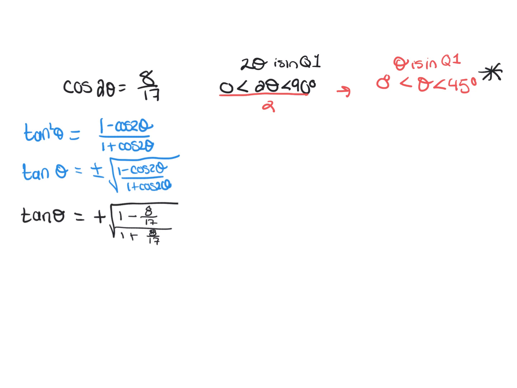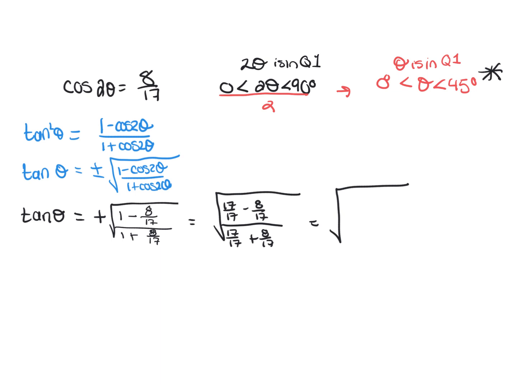So now I'm just going to do some fraction work. So I have square root. That 1 I'm going to call 17 over 17, minus 8 over 17, all over 17 over 17 plus 8 over 17.